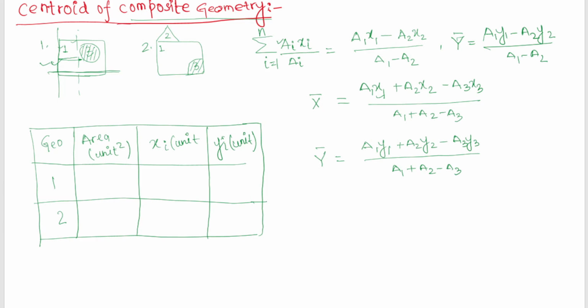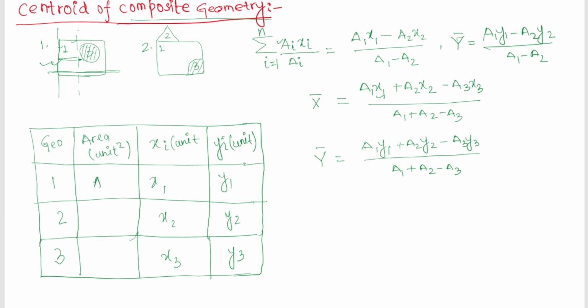Now you can see we have made our table. Similarly, for geometry 2, you simply add a third row marked as 3. So under xi it will be x1, x2, x3, then y1, y2 and y3, and A1, A2 and A3.